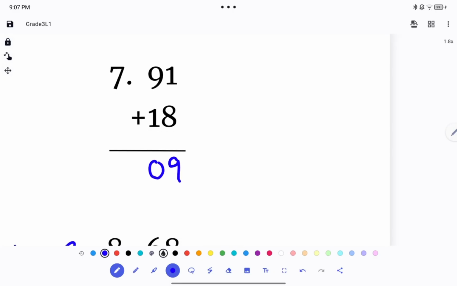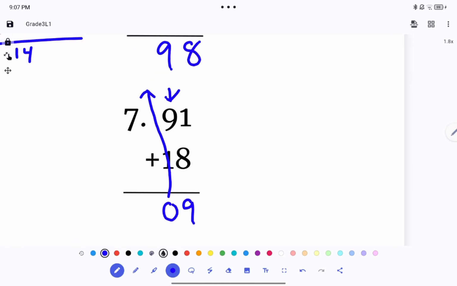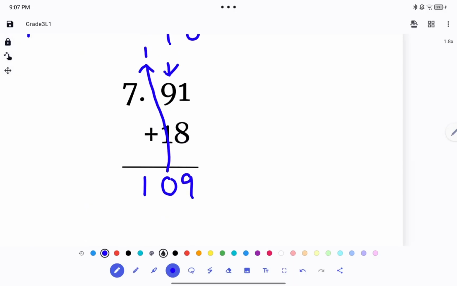Well, we move this 10, which is really 100, because this 9 plus 1 is really a 90 plus 10. So you move this 10 over to the hundreds place, over one column, and you find that this is equal to 109. 109. Kind of a big number.